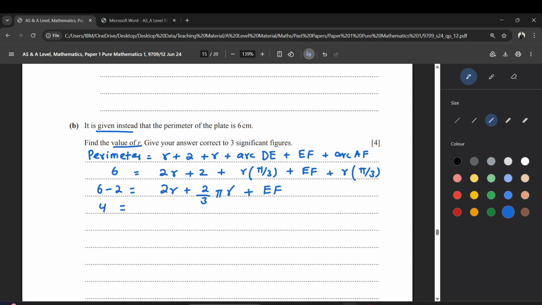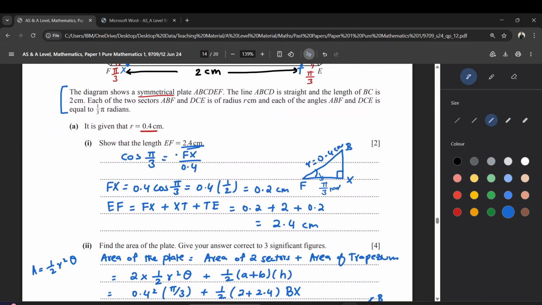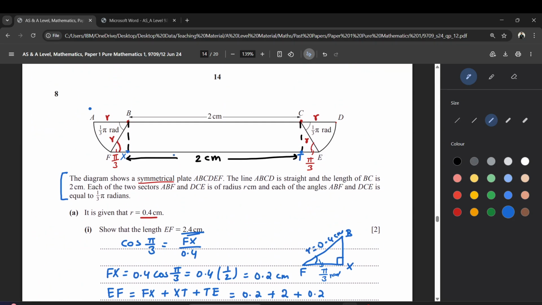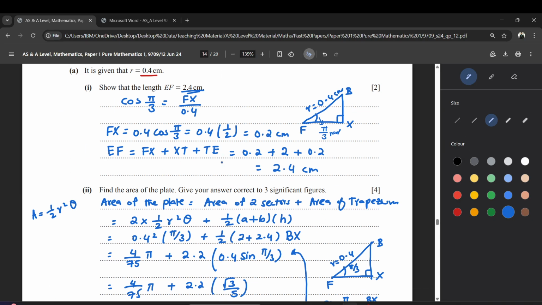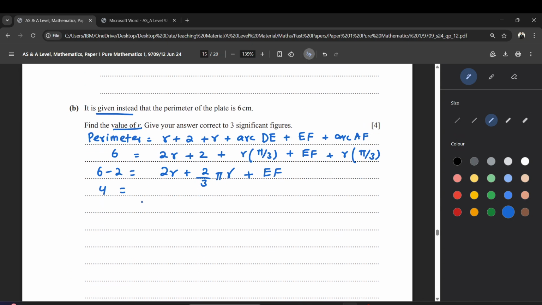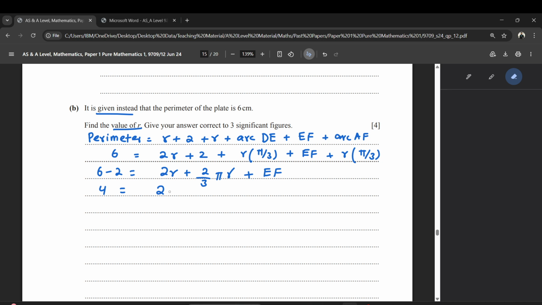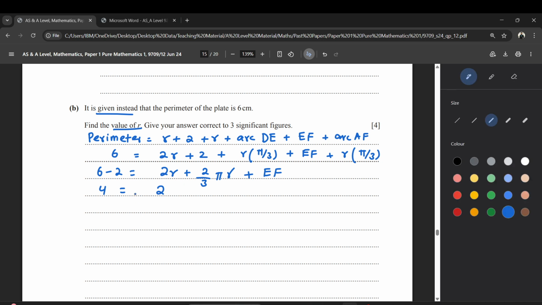So let's see. Now EF is going to be, so EF is 2 centimeters plus these lengths that we have over here. Okay, so FX and ET. So let's try to find FX. Okay, so what I'm going to do here is that I'm going to say that 2r plus, in fact, okay, let's just write this for now.